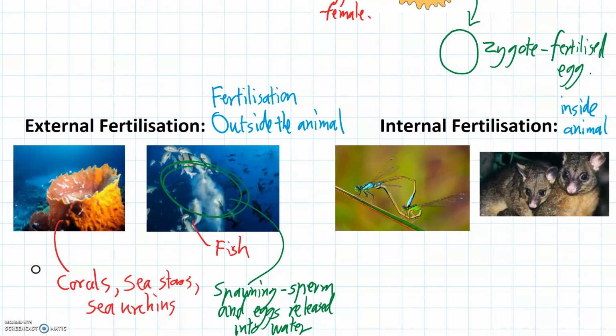With internal fertilization, it's normally land animals that do it. There's a few examples here: insects, and mammals like these little possums, and reptiles. They all have internal fertilization. And internal fertilization is essentially breeding, mating, where the male and the female physically need to fertilize the egg.